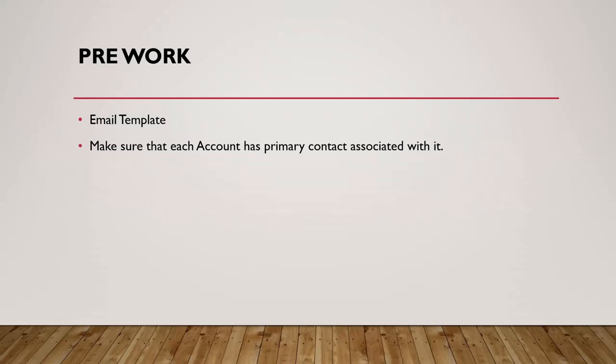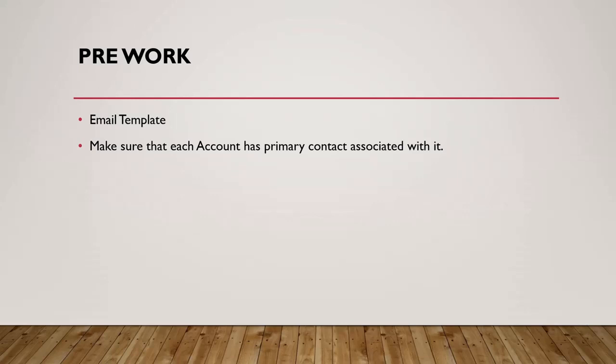To do that, we need to create one checkbox field. If that checkbox is checked, we can identify that contact as the primary contact. Or we can create one picklist field with values like primary, secondary, or tertiary. If it is primary, then we can mark that contact as the primary contact for that account.